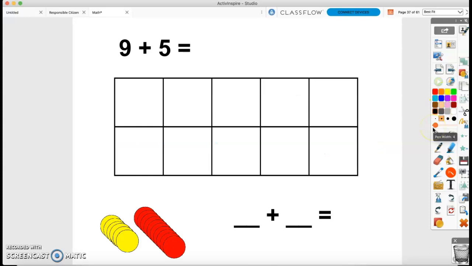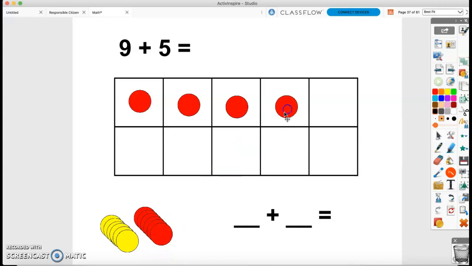So we have a problem that is 9 plus 5 equals. That's an addition problem. So first I'm going to model it, and I'm going to put 9 counters in my 10 frame. So if I put 9 counters in my 10 frame, I should have all but one filled.